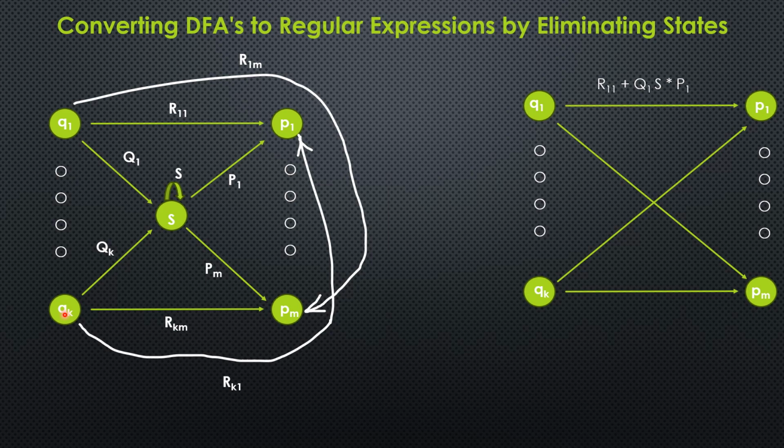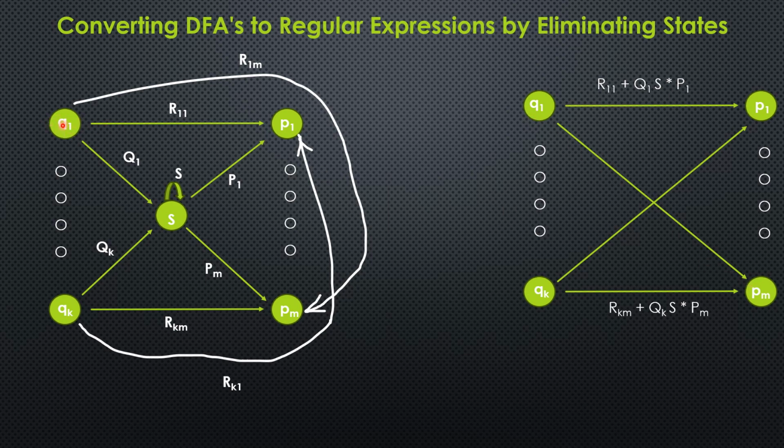Next, let us consider this transition. So this transition is RKM plus QK S star PM. Next, let us take this transition Q1 to PM.